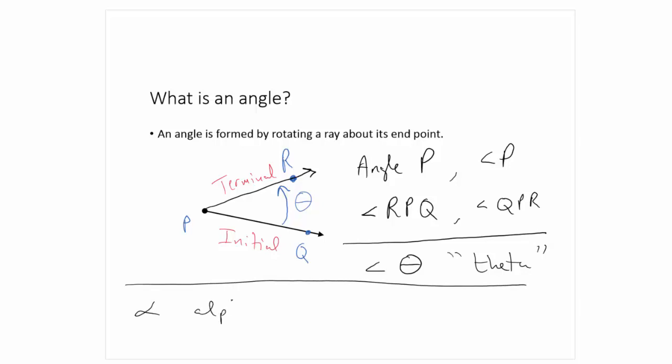Alpha, beta, gamma. I've already mentioned theta, and phi. So those are some of the Greek letters that we'll be using, and we may use our traditional English alphabet letters, but you should at least know these five Greek letters: alpha, beta, gamma, theta, phi. If I name any others, I'll be sure to be careful about mentioning them.